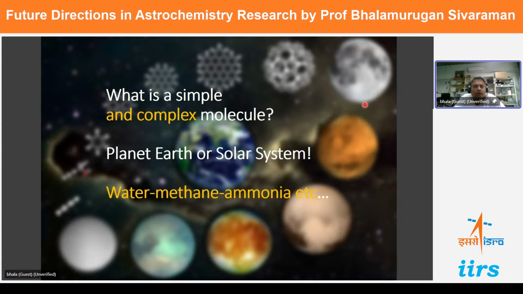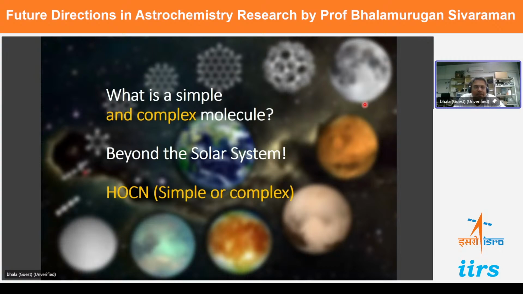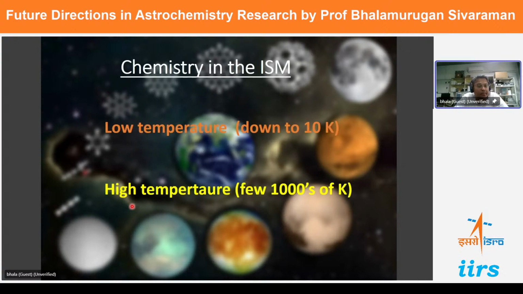On planet Earth you can answer: a simple molecule is smaller, and a complex molecule is larger. But in astrochemistry, it's quite hard to say, because a molecule which looks simple with four atoms, but all four atoms are different, has been discovered. It's very difficult to say whether this is simple or complex, because the formation pathways can be different.